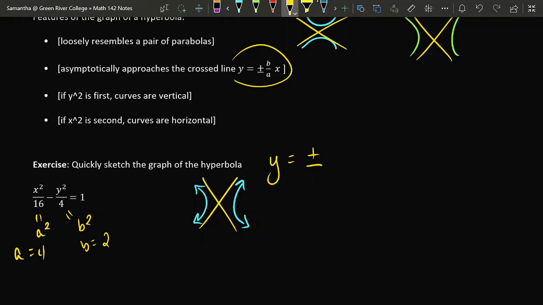So these two crisscross lines would have the equation plus or minus 2 over 4 times x, or y equals plus or minus 1/2 x.